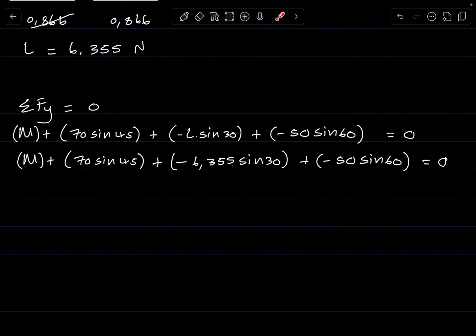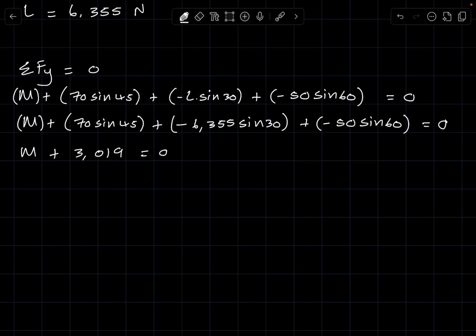So at this point it's now clear we only have one unknown. So if you add all of this up, M remains the same, and then if you add up the like terms here, you should get positive 3,019 is equal to 0.